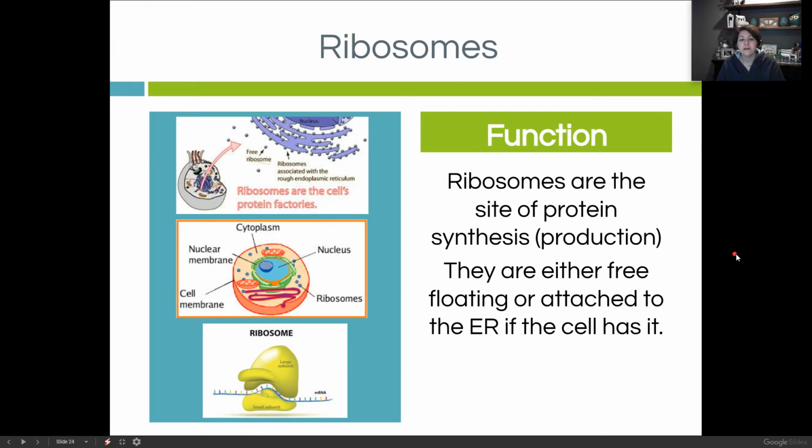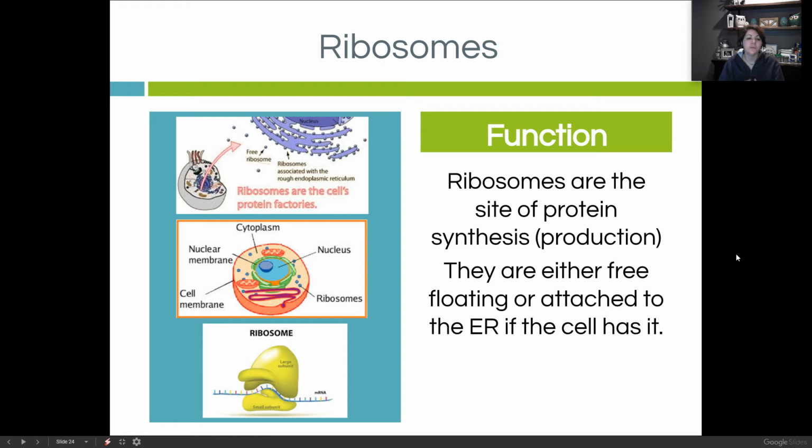And then lastly, all cells contain ribosomes. Ribosomes are those little dots that we see on the endoplasmic reticulum. They can be free floating in the cell, but they are the site of protein synthesis. So we looked at protein synthesis at the beginning of the year, where the DNA got transcribed and translated and turned into, or kind of read into, a protein.